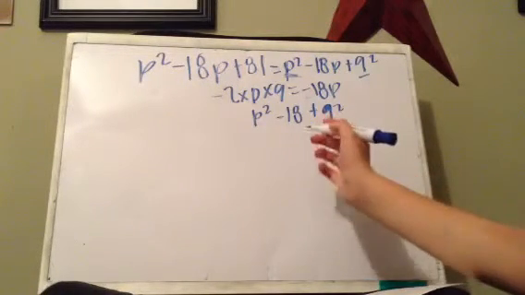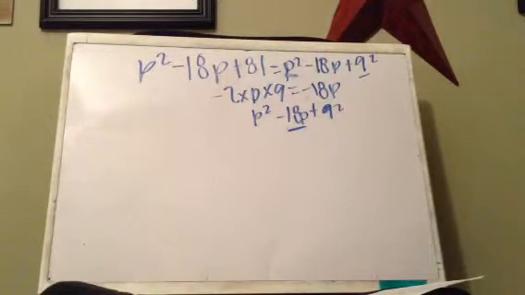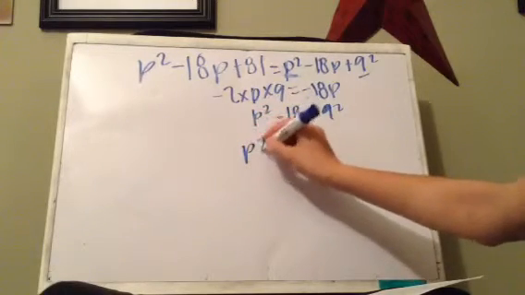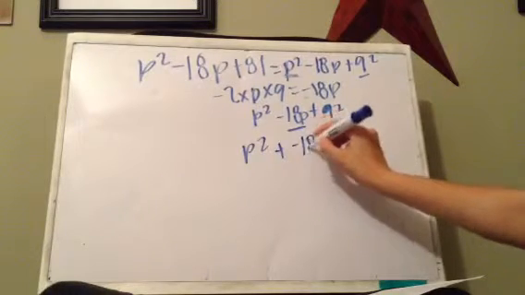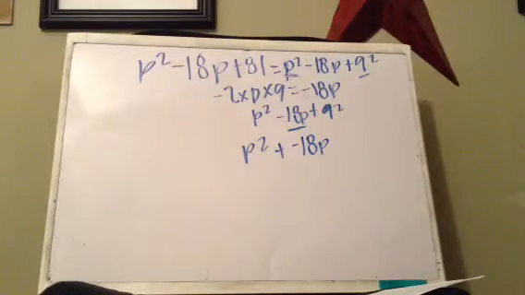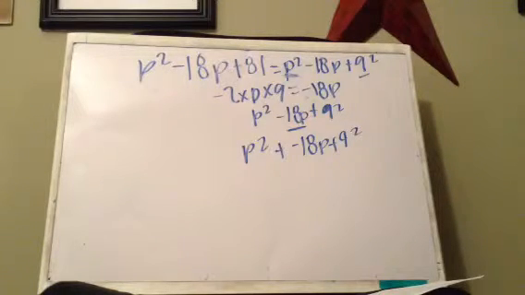So since the second term is negative 18p, sorry, I forgot the p, and negative 2 times p times 9 is negative 18p, p squared plus negative 18p plus 9 squared is a perfect square, and we factor it like this.